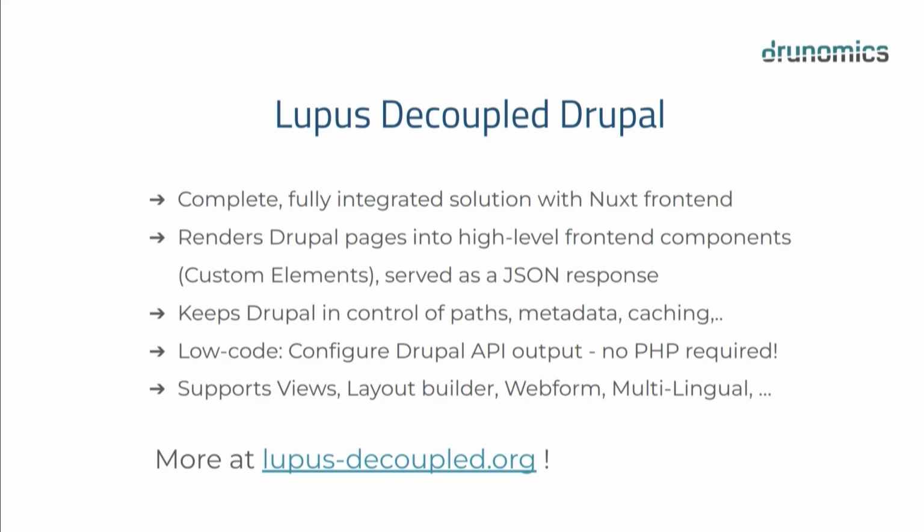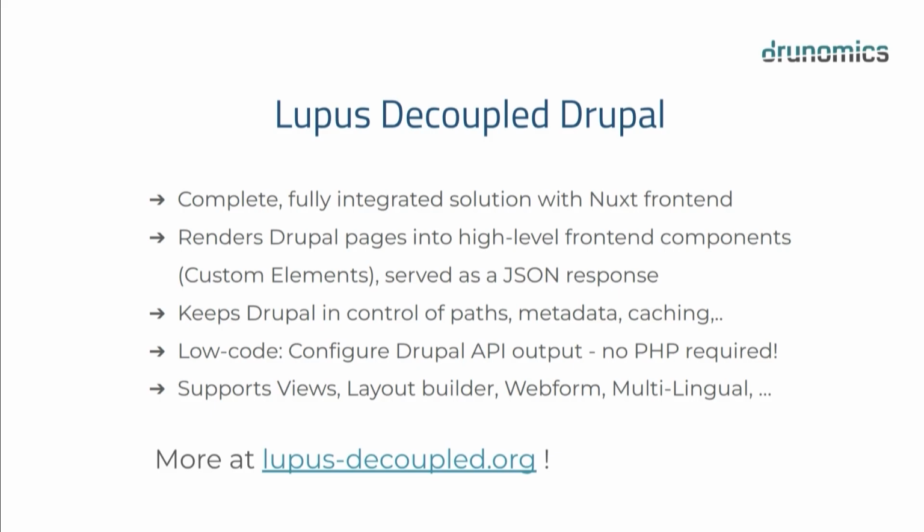that we are developing, with the idea in mind that we keep using as much as possible of what Drupal already provides us. And basically what our stack does, it gives a fully integrated solution with, by default, the Nuxt frontend. You can also use others, but Nuxt is the primary default frontend we are developing as a first-class frontend with it.